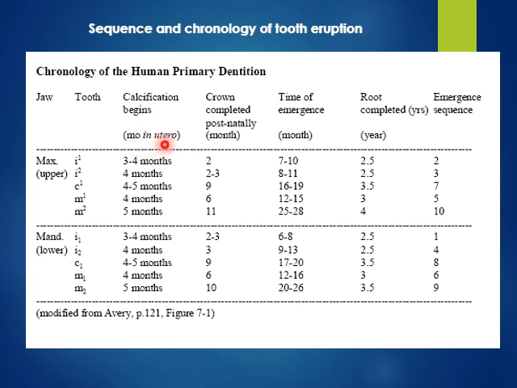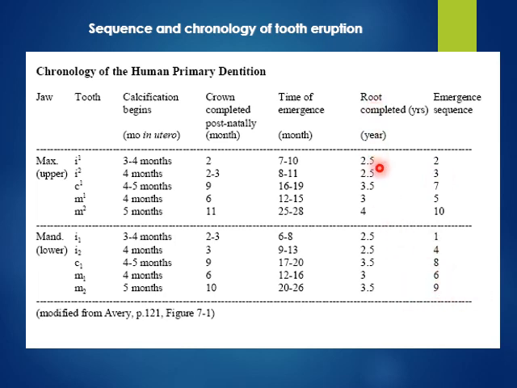Calcification begins inside the uterus, and the crown is completed postnatally, in months, with time of emergence in months, root completion in years, and emergence sequence. Here is the emergence sequence. The first emergence in the oral cavity is the lower central incisors, second the upper central incisors, third the upper lateral incisors, and so on.